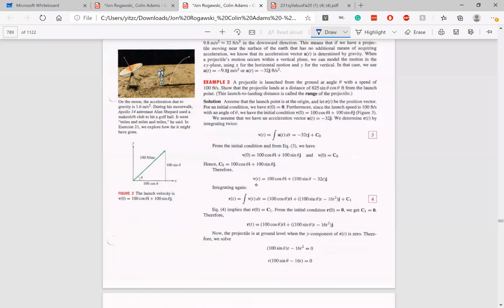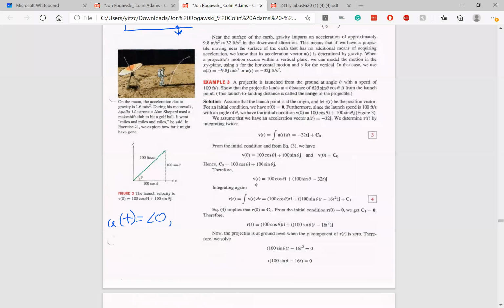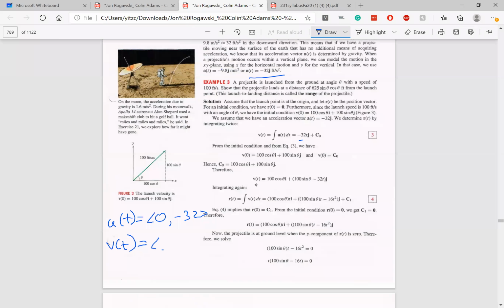Okay, so first our acceleration, like we said, is going to be 0, and I think they're going to use the feet, so I'm just going to do that. So negative 32. Now your velocity, we know the speed of this thing. It has an x component and it has a y component.